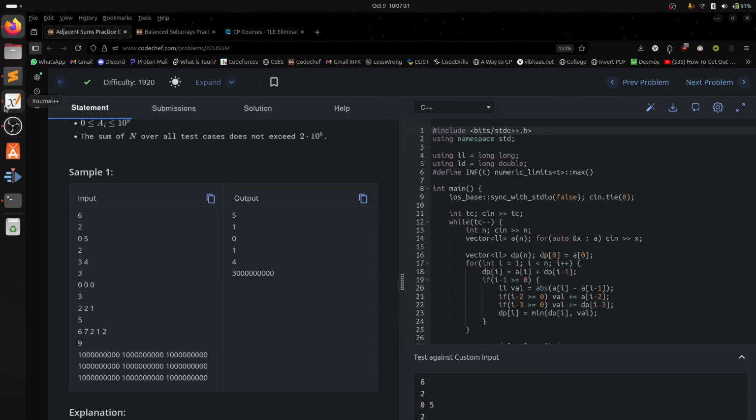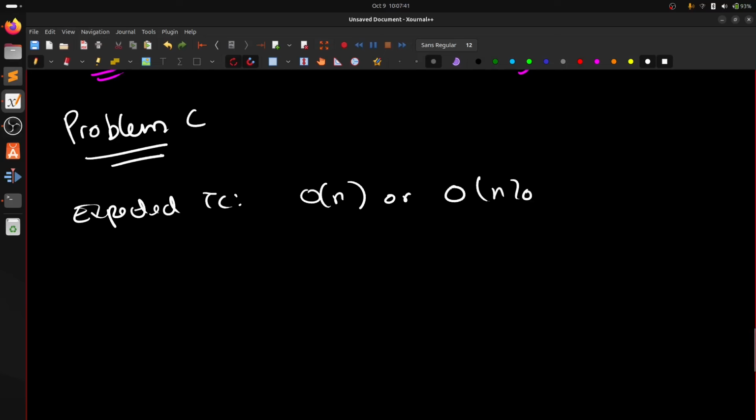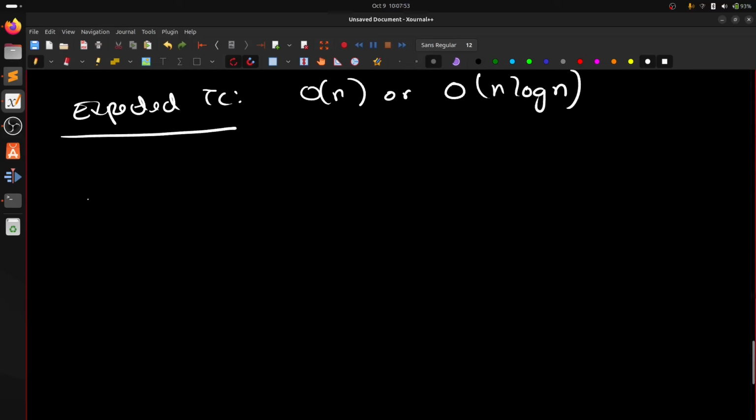Okay, so let's analyze this question. First of all, the expected time complexity is big O of n or big O of n log n, because n goes up to 10 power 5. Now, let's understand what our final good array looks like.